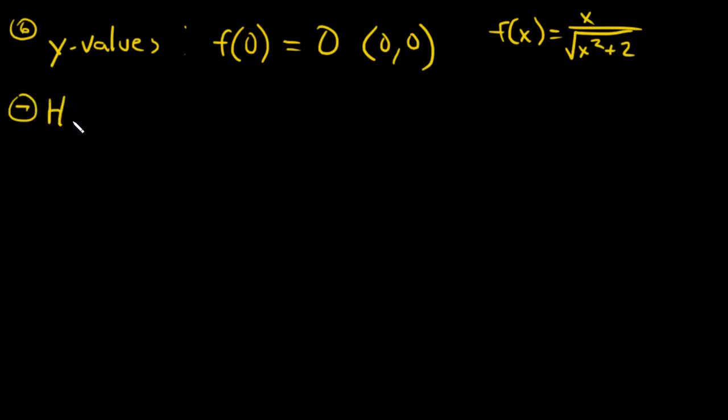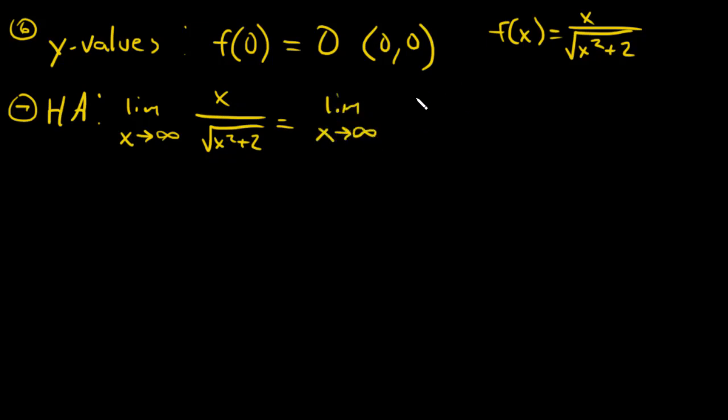Step 7. Now let's see what the end behavior is going to be like. So I need to find the horizontal asymptotes. This is what we did all this for. I'm looking first for the limit as x approaches positive infinity of x over root x squared plus 2. I'm going to divide every term by the highest power of x, which in this case is just plain x. So this is going to equal the limit as x goes to infinity of x over x over root x squared plus 2 over x.